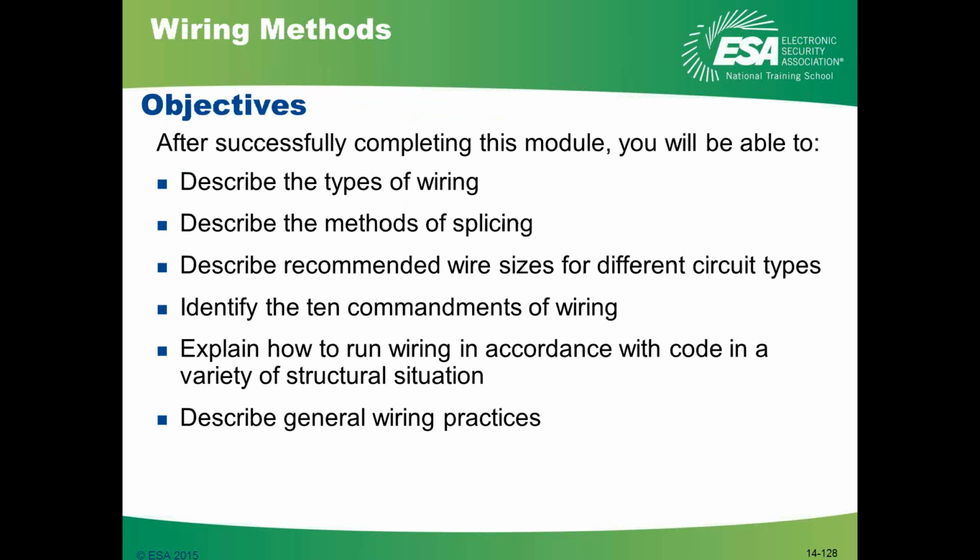Okay. Wiring methods. We talk about types of wiring, splices, recommended wiring size, 10 commandments. These pretty much have stayed the same. One of the major changes was we moved grounding from the gray material up to the need to know.